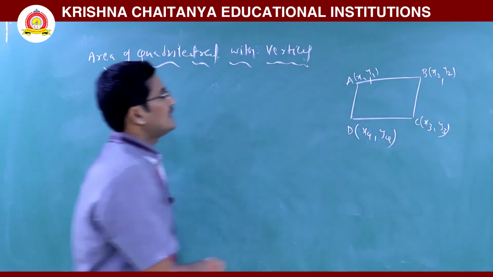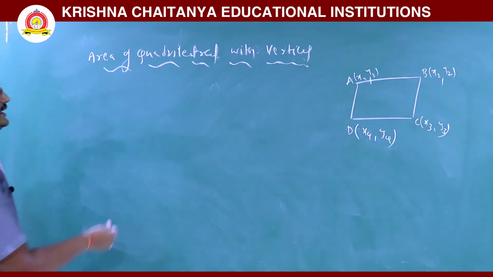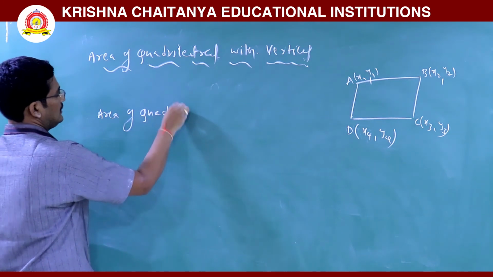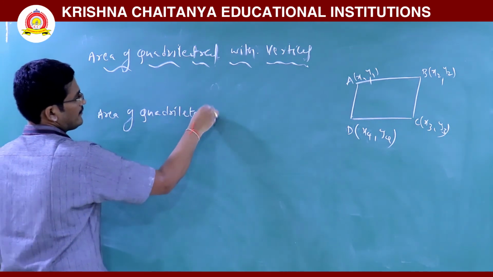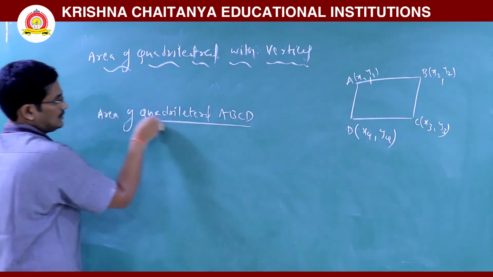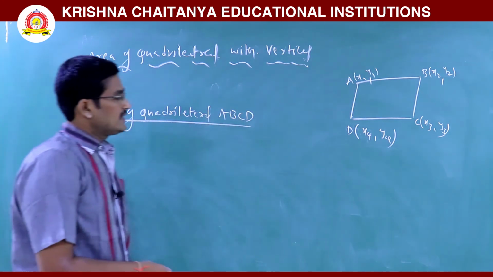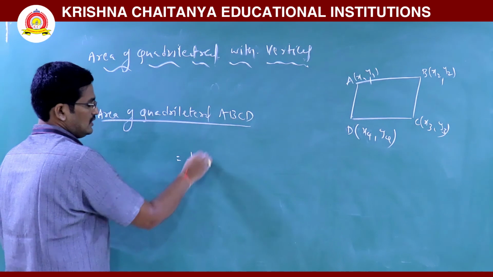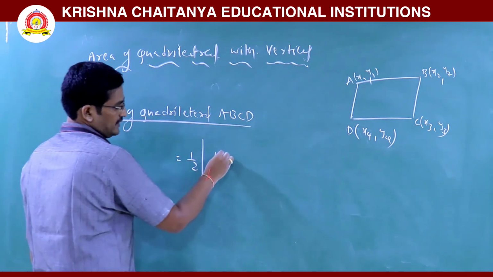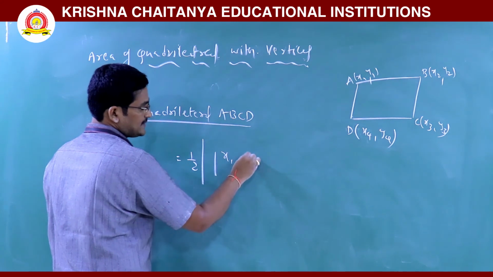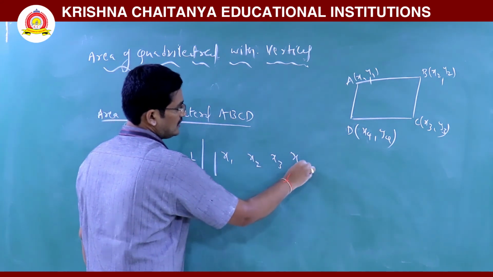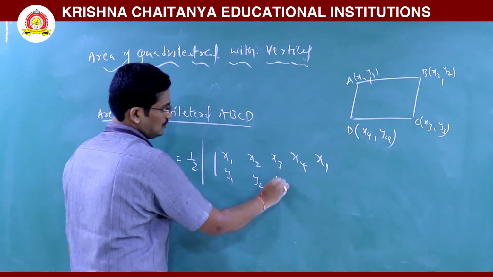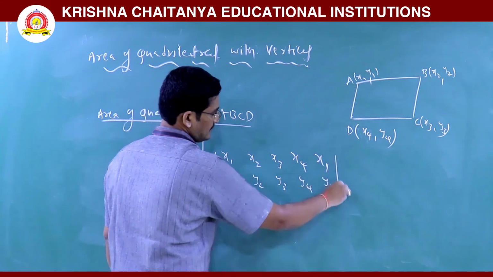To get the area of quadrilateral ABCD, you have to use the formula like this. Area of quadrilateral ABCD is equal to, just like the triangle ABC area formula, you know about that one, half into modulus of the determinant of x1, x2, x3, x4, x1 in the first row, repeating x1, and y1, y2, y3, y4, y1 in the second row.